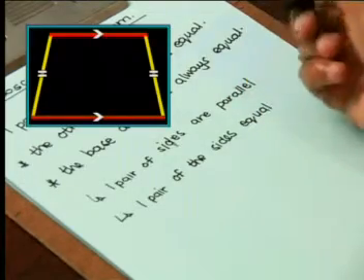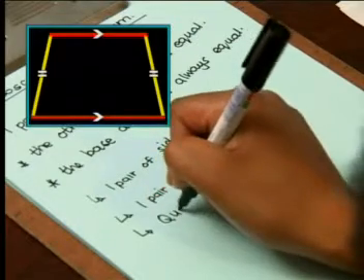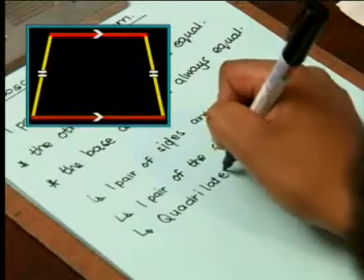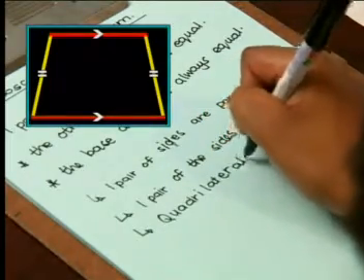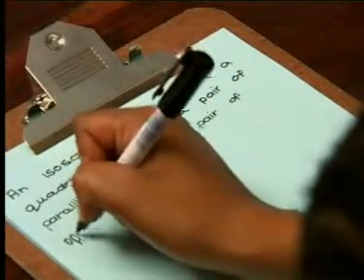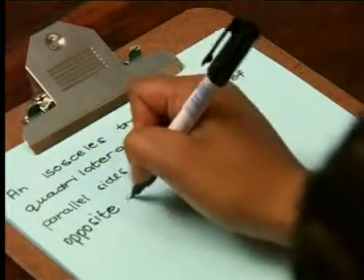That way we won't have to explain that it's a closed four-sided figure. An isosceles trapezium is a quadrilateral with a pair of parallel sides and a pair of opposite equal sides.